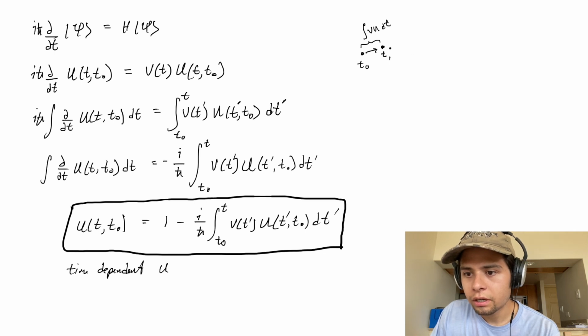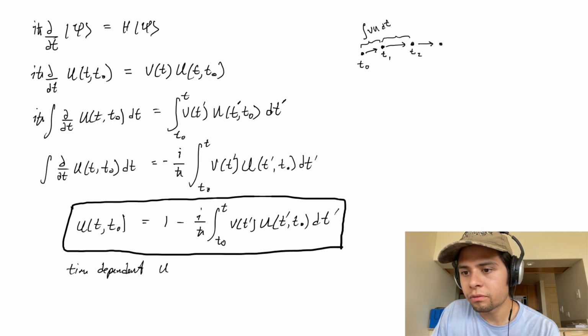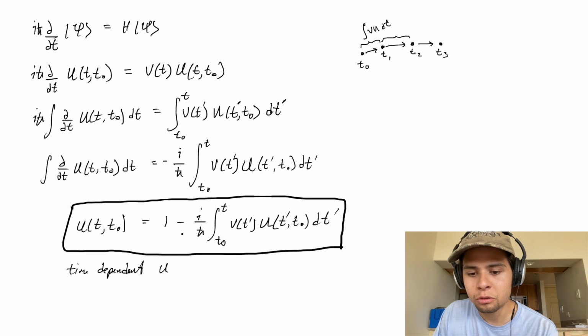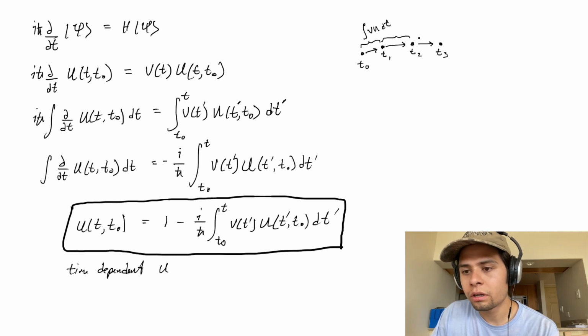And then from here to here, perhaps t2, we perform the integral again, and then from here to here, we perform the integral again. Then we just have to multiply it by i over h bar and subtract it from 1.